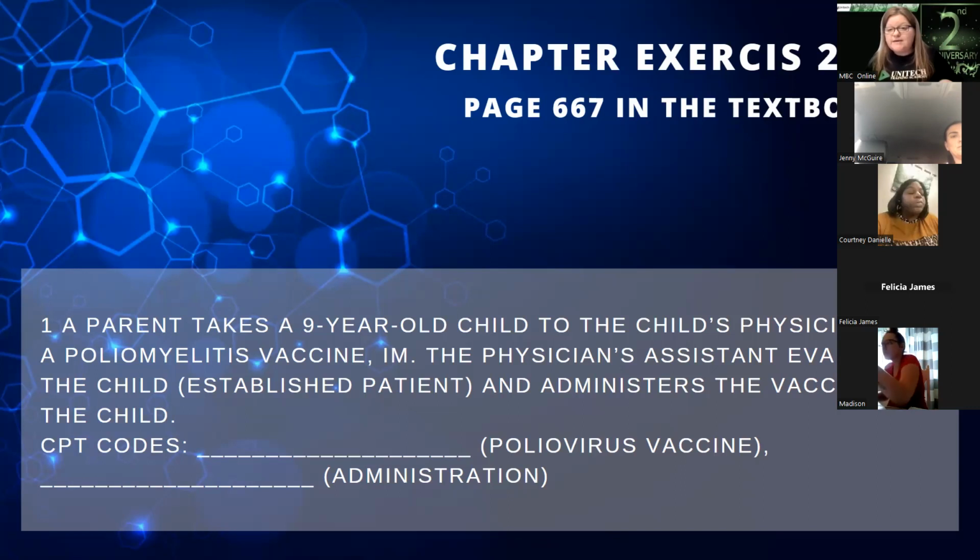It does not say anything about counseling. It doesn't give any other age limits or anything like that. That's just the code for your first vaccine for a grown-up person, right? And then right under it is the 90472 with the little plus symbol, which is going to be for your second vaccine and on for people over the age of 18.